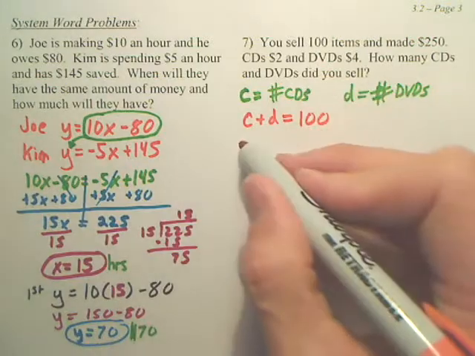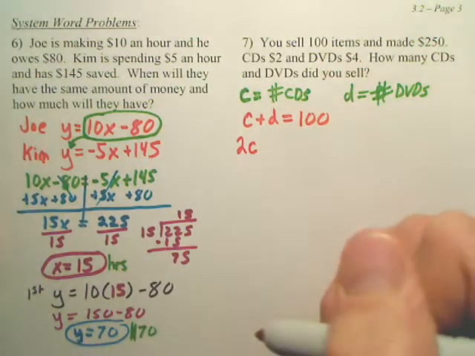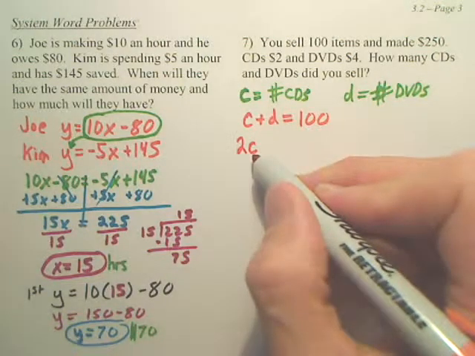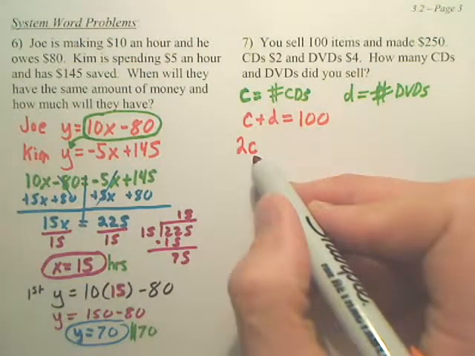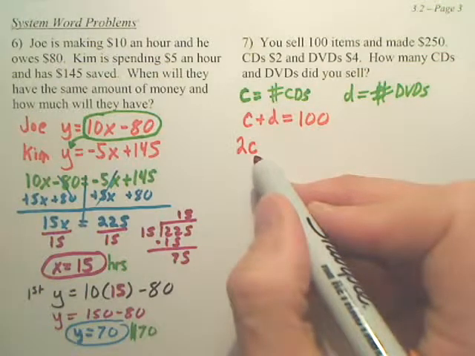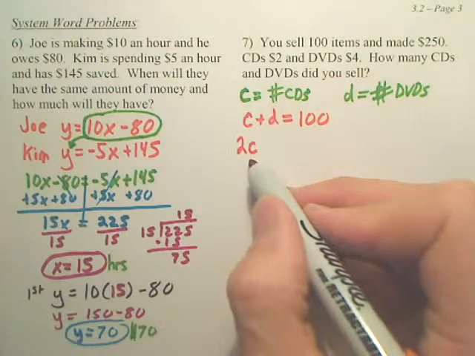I also know that it's $2 per CD. So let's say I sold 50 CDs. How much is that? 2 times 50 is 100. If I sold 5 CDs, that'd be 2 times 5 is 10. So this right here describes how much I made off of CDs.